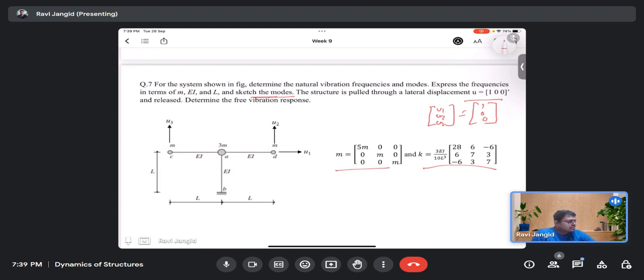For this calculation, you can consider this as a k dash or something else factor, so that would be easier.